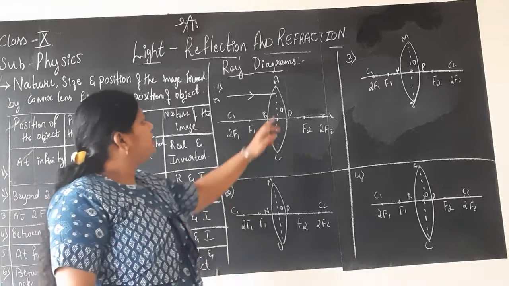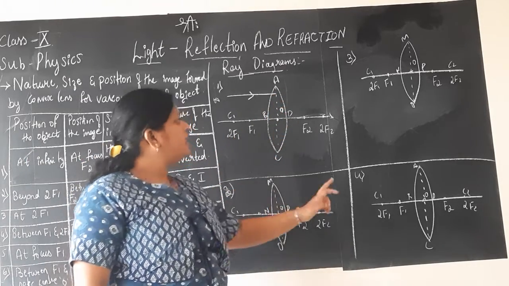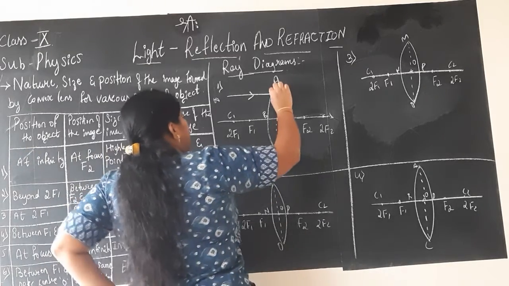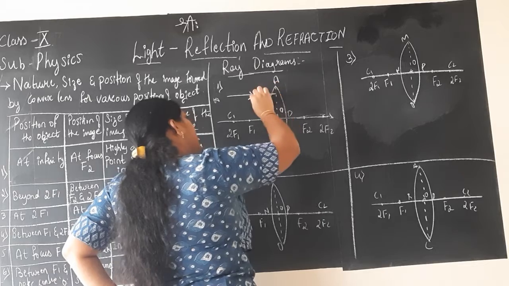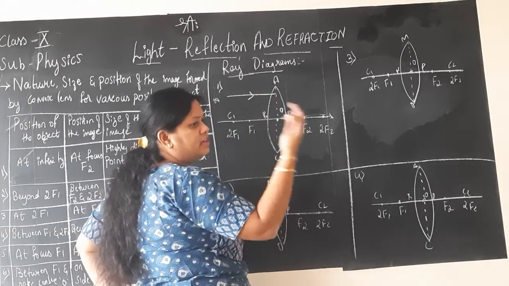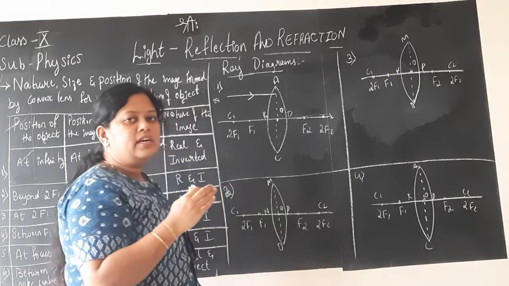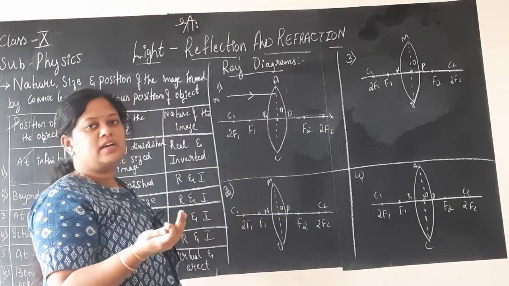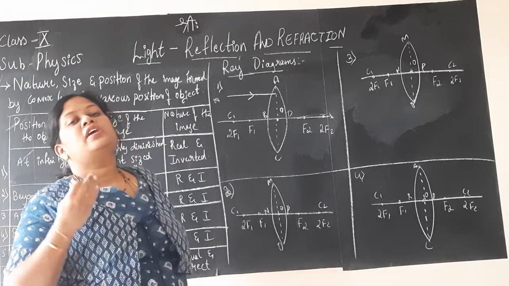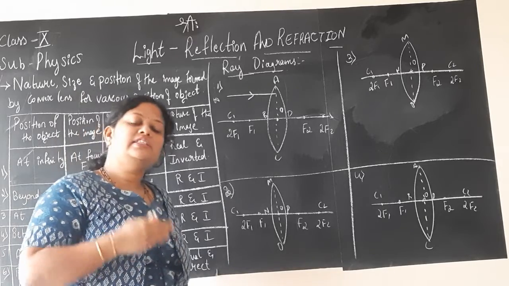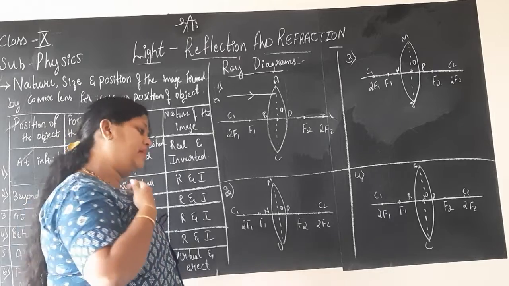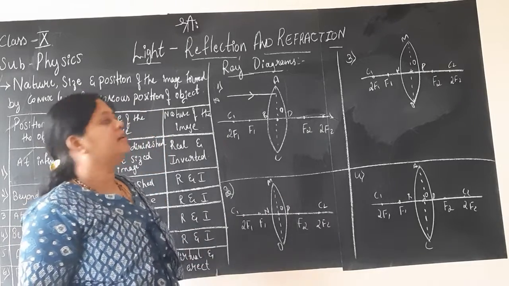If you consider the dotted line I have drawn inside the lens as the normal, children, here light goes from air to glass, and from glass to air, rarer to denser, denser to rarer. When a ray of light is traveling from rarer to denser medium, after refraction the ray of light will bend towards the normal. If the ray of light is traveling from denser to rarer medium, after refraction it will move away from the normal, you have read.